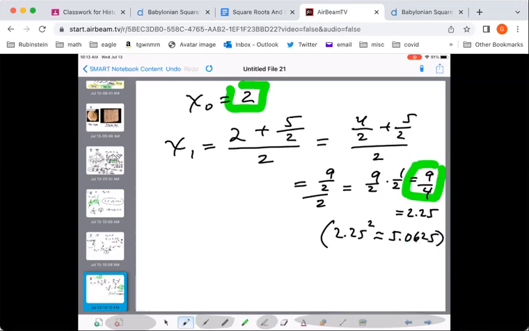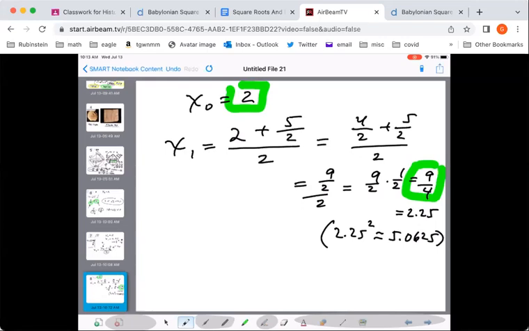So 2.25 ends up being pretty good. 2.3 squared is not as good of an approximation. That's 5.29. So 2.25 is really good, but maybe it's 2.24. You know, maybe we could do better than that, and that's what's going to come next.